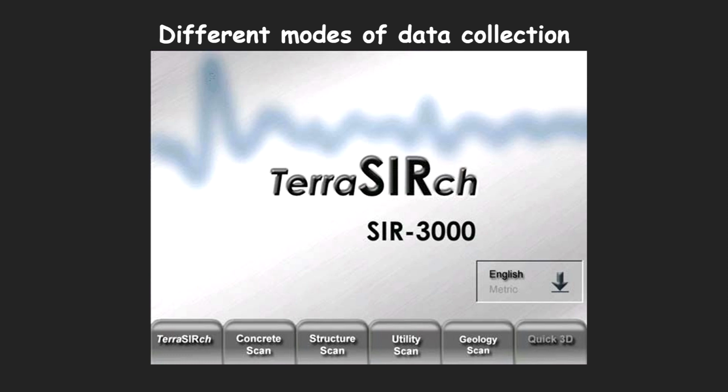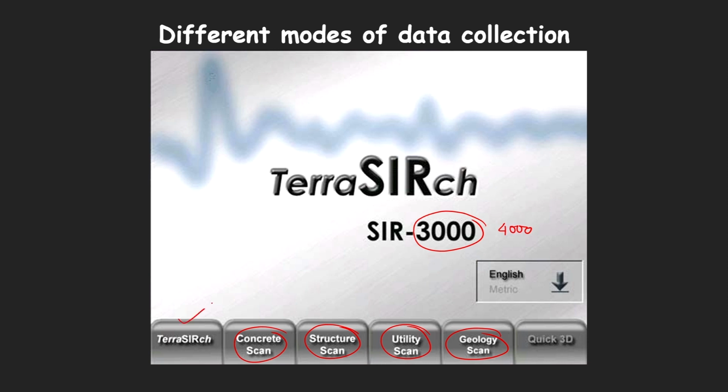In this system, and as I told you there is another system, the SIR 4000, we can have different scanning modes: TerraSearch, concrete scan, structural scan, utility scan, and geology scan. In most of these scans, the utility scan, structure and concrete, there are a few fixed parameters which have been input within the system.